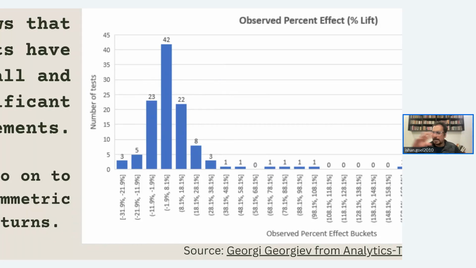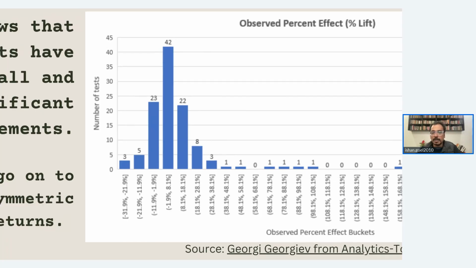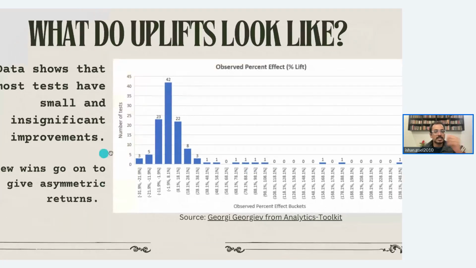And there are few gems that give you a significant or large uplift, but they are rare in number. So you always have a lesser number of true winners and more false, bogus ideas in testing.